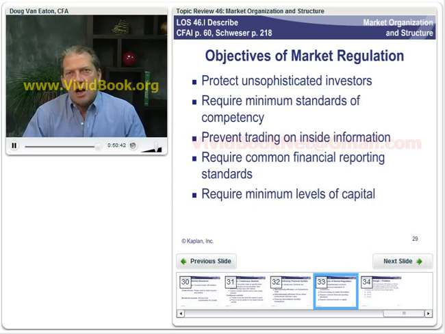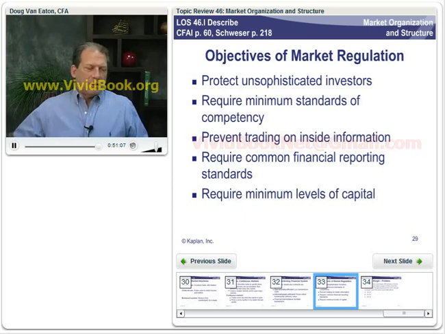Require some common financial reporting standards. Of course, we looked at that in our financial reporting and analysis, how the securities regulators and the financial accounting standards boards set up their rules and requirements for not only how often, but how financial transactions are reported, and require minimum levels of capital, especially for broker-dealers and banks.